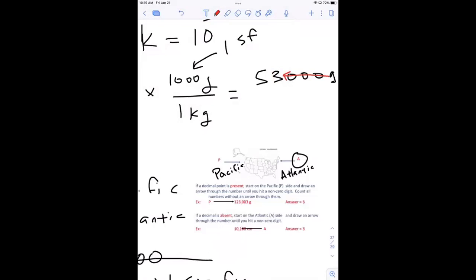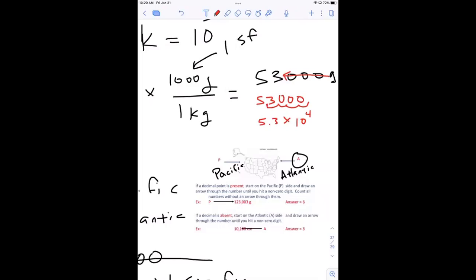But we also have to account for the fact that this number is in the thousands, right? So we could take this 53,000 and move the decimal place. So we'll get 5.3 times 10 to the 4th. Is that right? That's the same number.